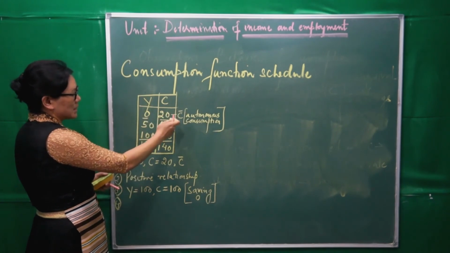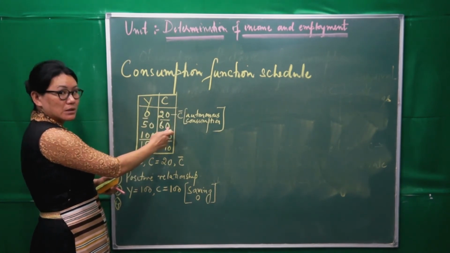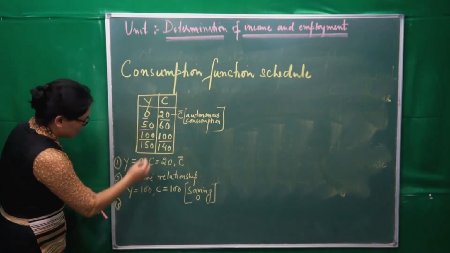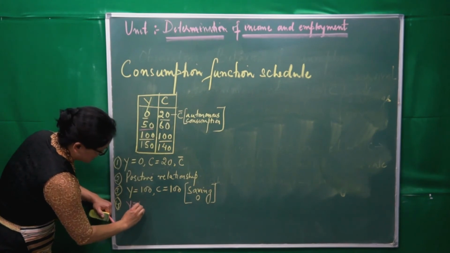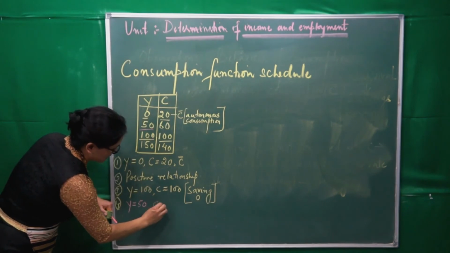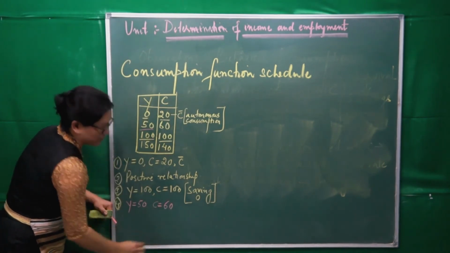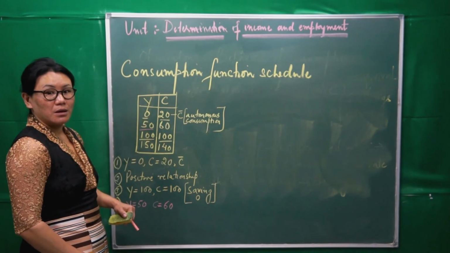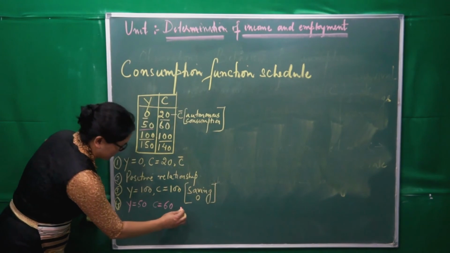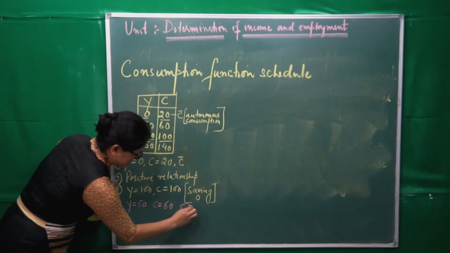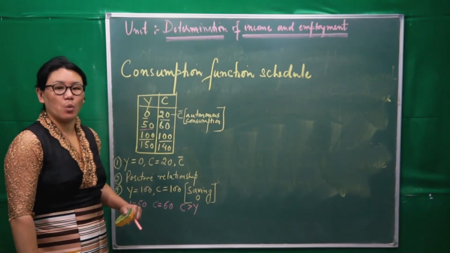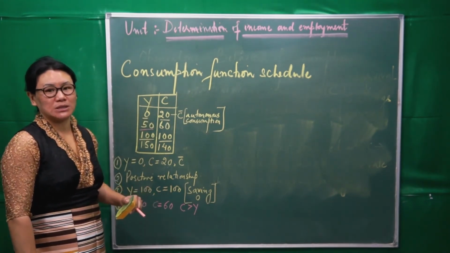Similarly, consumption is also increasing. But see here, when income is 50, what is happening to the consumption? Consumption is 60. Now it shows here C is greater than Y in the initial stage.